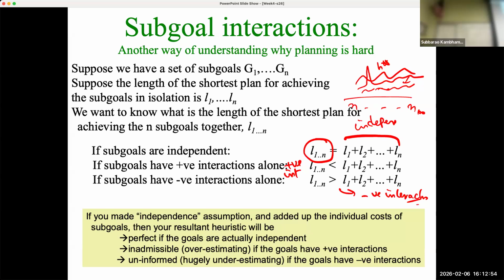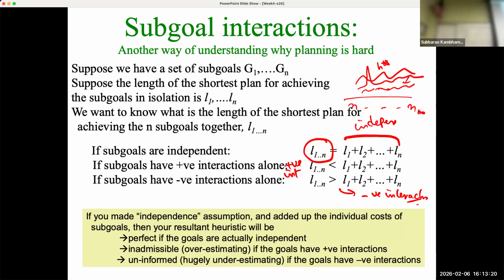Right? So the other case is, in the case of negative interactions, L1 dot n is such that L1 plus L2 etc. plus Ln is already less than or equal to this.